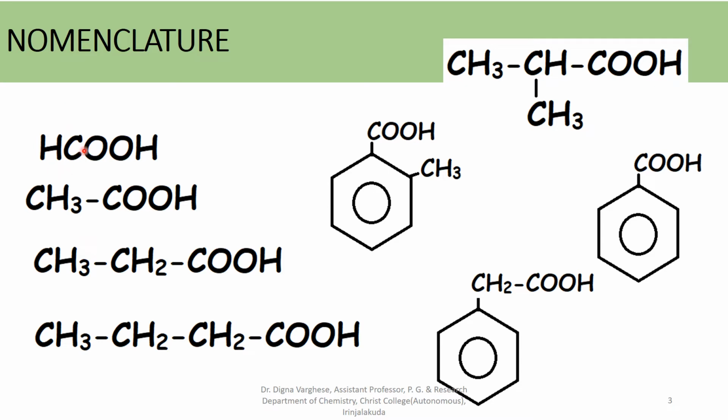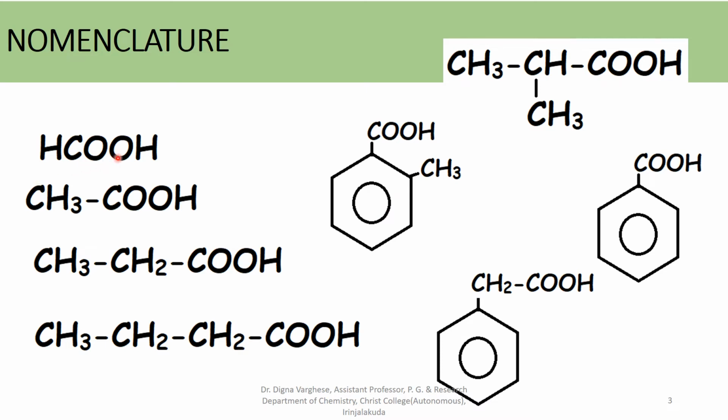So the common names are formic acid, acetic acid, propanoic acid, butyric acid, isobutyric acid, benzoic acid, phenyl acetic acid, ortho-methyl benzoic acid.